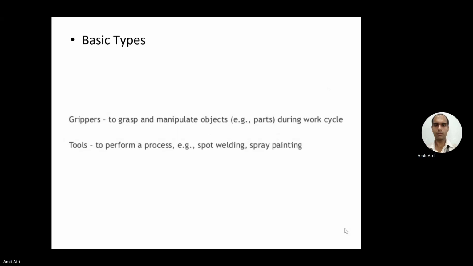With the help of grippers, there is more flexibility, because robots can be used in different sectors involving different types of tasks. Tools are mostly used for dedicated robots, which perform the same task for a long time, and grippers can perform a task for a very short time.